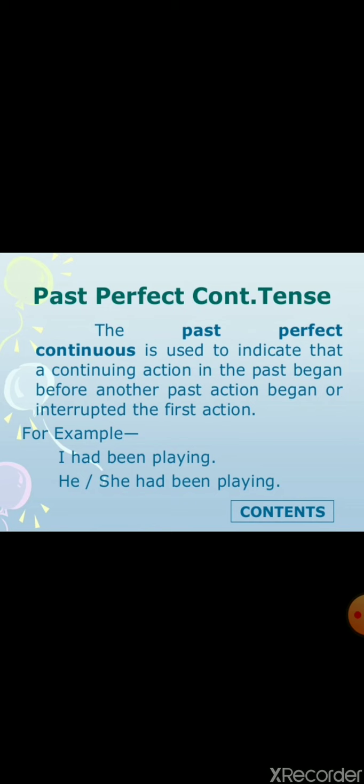The past perfect continuous is explaining two aspects. One is continuity, second is completion. So it indicates that a continuing action in the past began before another past action began or interrupted the first action. I had been playing. She had been playing. You got it? Okay.